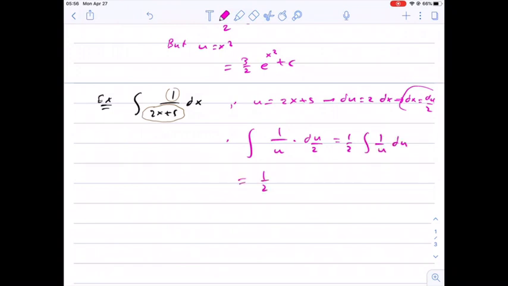But we know from the previous section that the integral of 1 over x is ln absolute value of x, and same thing here. The integral of 1 over u is natural log of absolute value of u plus c, but u is 2x plus 5, so this becomes 1/2 natural log absolute value of 2x plus 5 plus c.